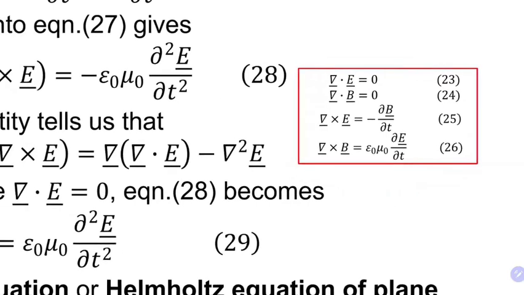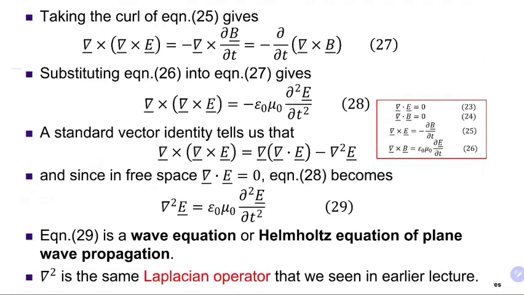So we substitute this for our curl B in this equation. So here it becomes epsilon naught mu naught del E over del t. So what we have is that the curl of B is the first time derivative of the electric field, and then we do another time derivative, we end up with the second order time derivative of the electric field, and that is equal to the curl of the curl of E.